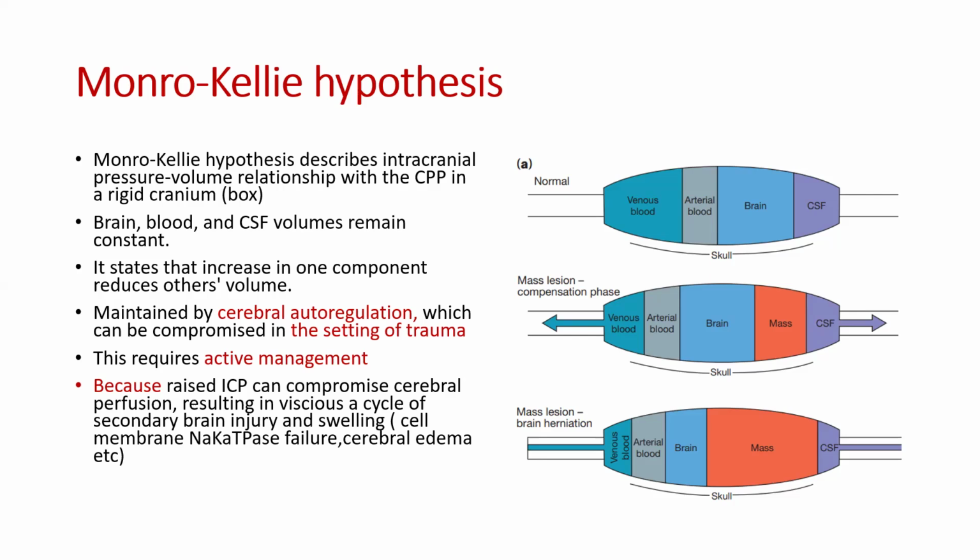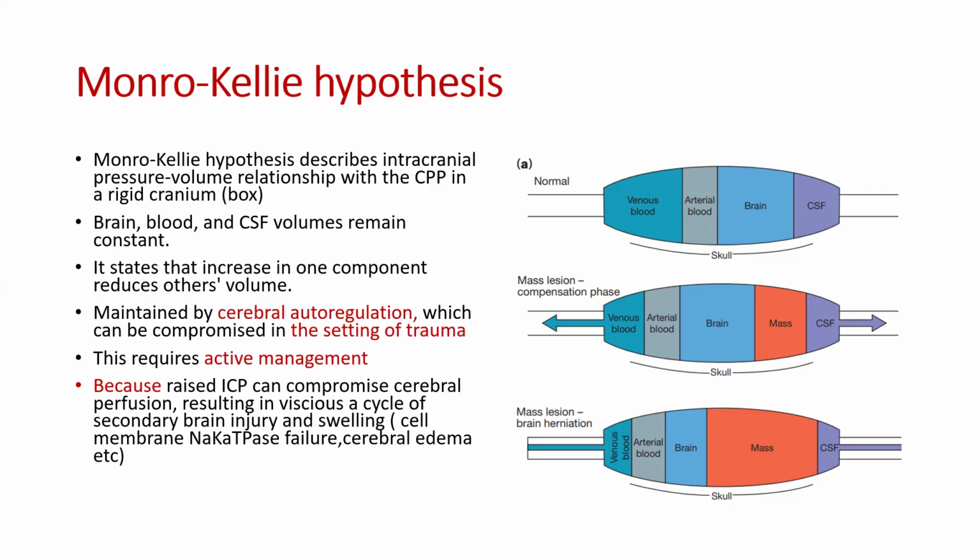So the CSF is pushed out, venous blood is pushed out, and there is no manifestation, no big deal, and the patient is not having a very big problem. But then that compensation wears off, and we have decompensation with herniation syndrome, which causes brain herniation.